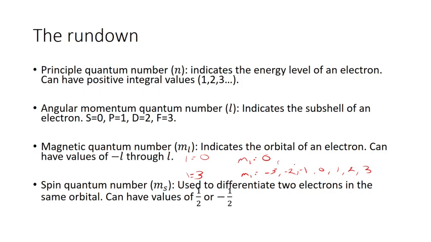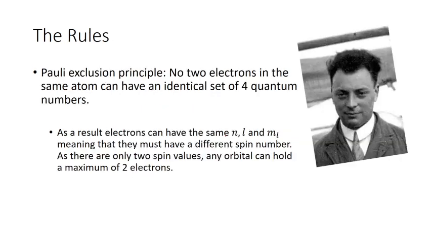So that would be 1, 2, 3, 4, 5, 6, 7 orbitals. And if you remember, f has 7 orbitals available, can hold 14 electrons. Checks out.